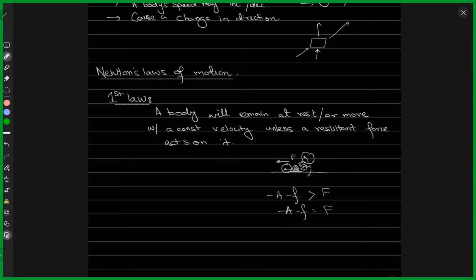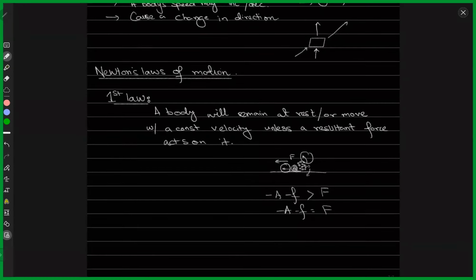And so I think I can talk at this point about something that is also called balanced forces, which would come under the idea of the first law of motion, right?